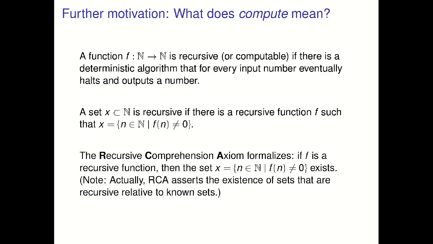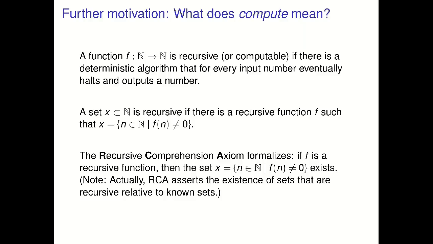So I should say a little bit more about what I mean by computing in this situation, right? And it's easiest, I think, to talk about recursive or computable functions. So I'll invoke Church's thesis here and just say that what I mean by computable is that there's some sort of deterministic algorithm that for any particular input number generates some sort of output, right?